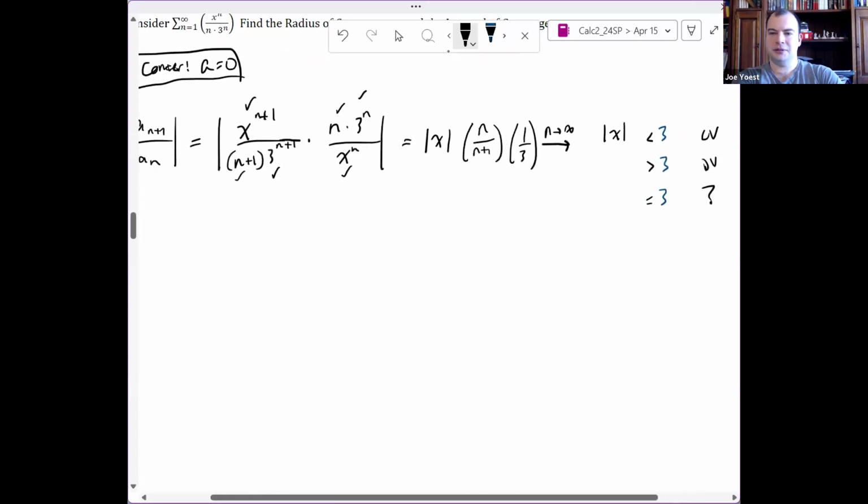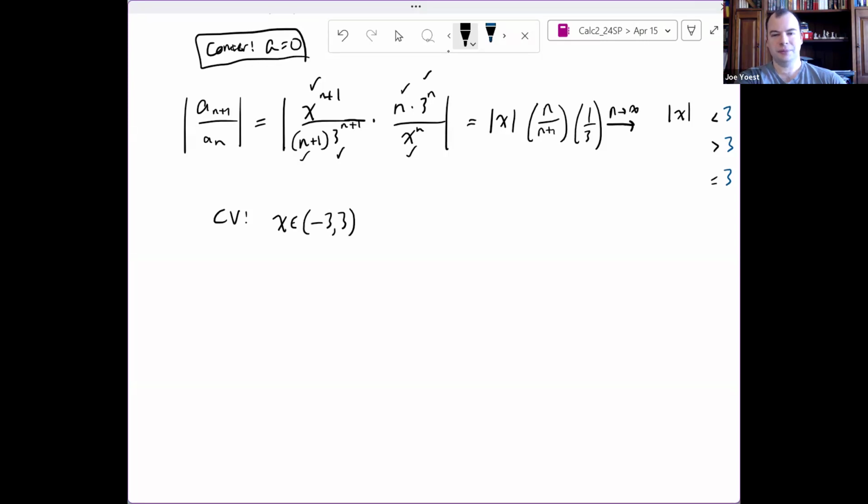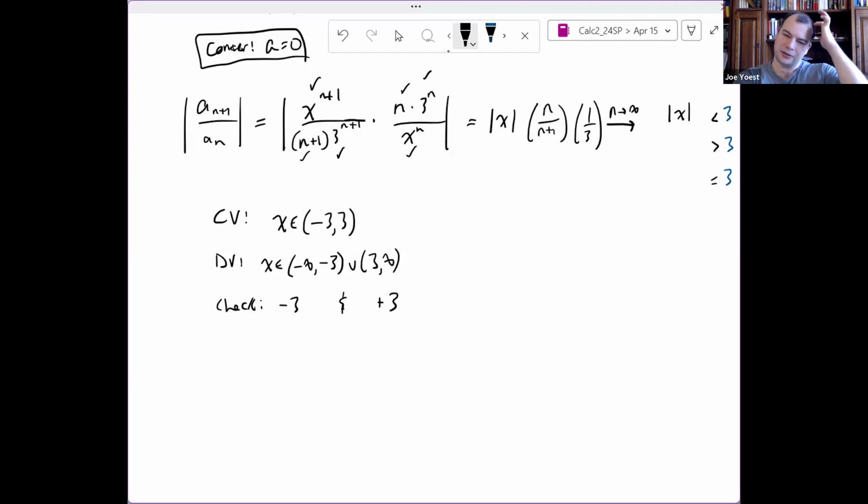So I converge for x in the open interval minus 3 to 3, I diverge outside of that, and I have to check minus 3 and plus 3.